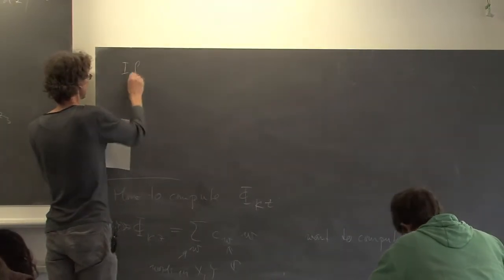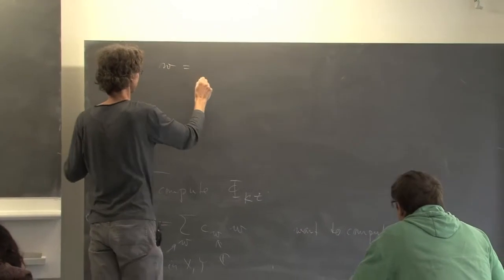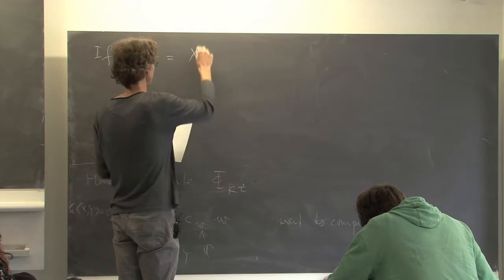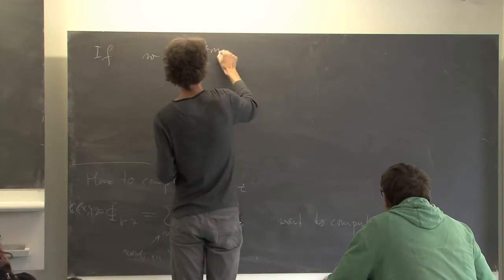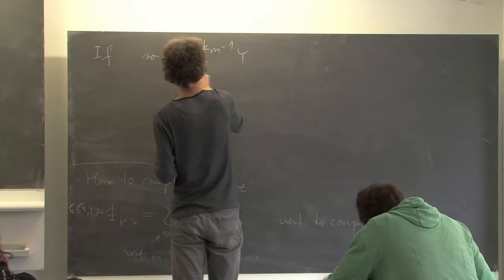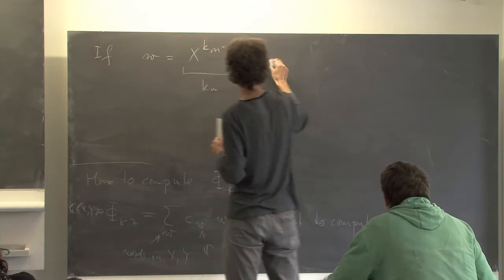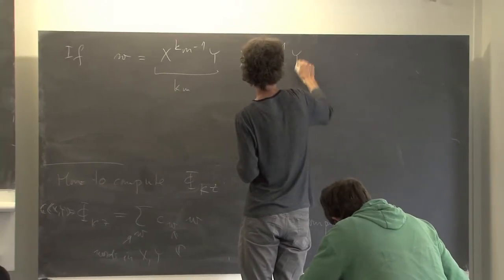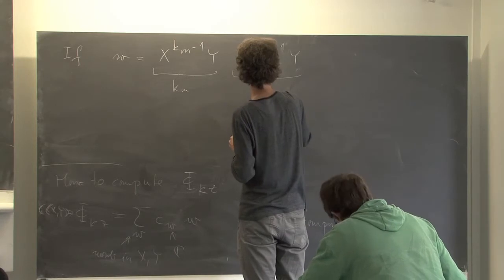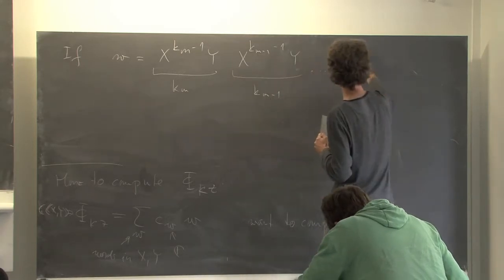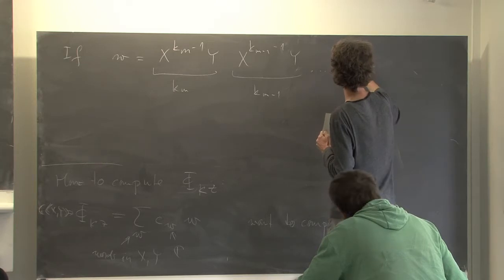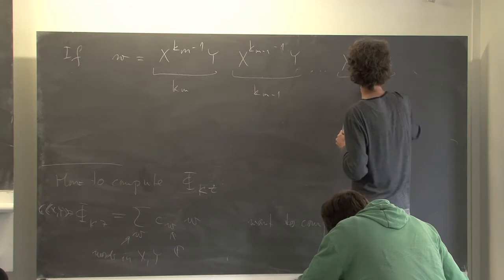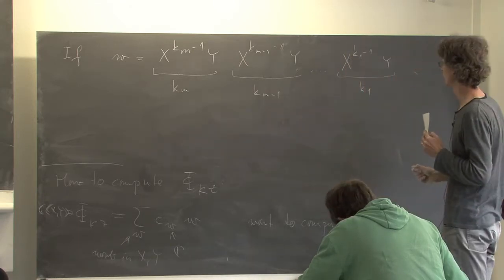That if our word is x^(km-1) y, so meaning that there are km terms here, times x^(k(m-1)-1) y, times etc., times x^(k1-1) y.